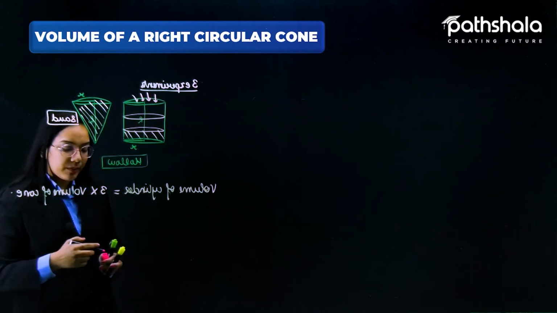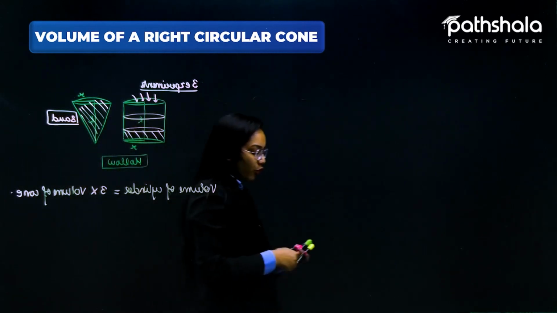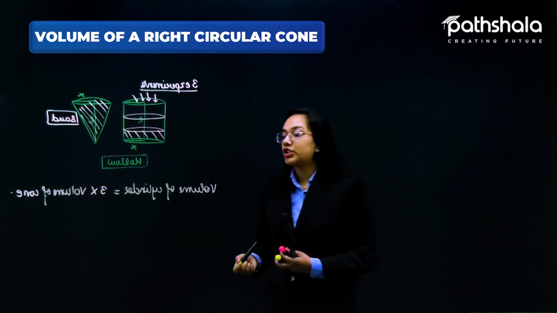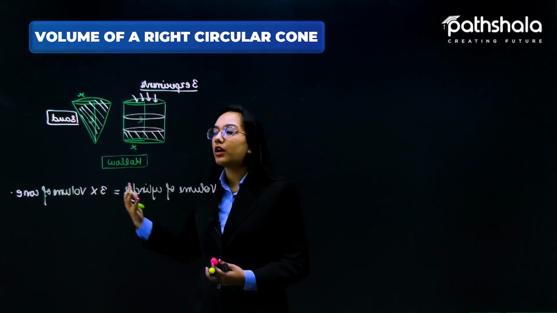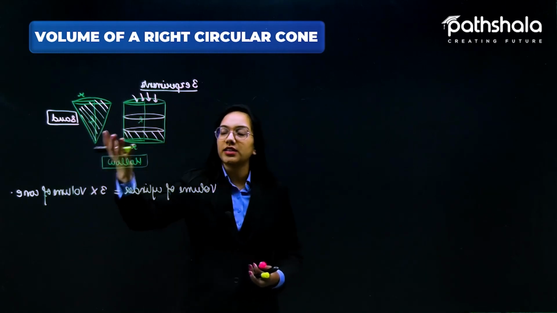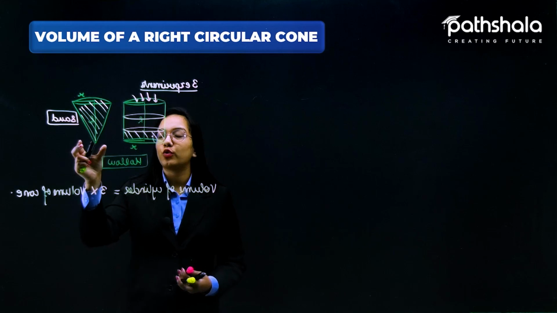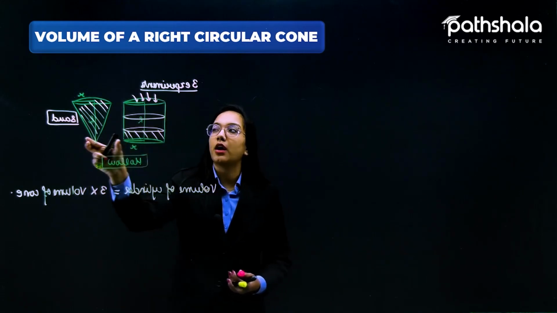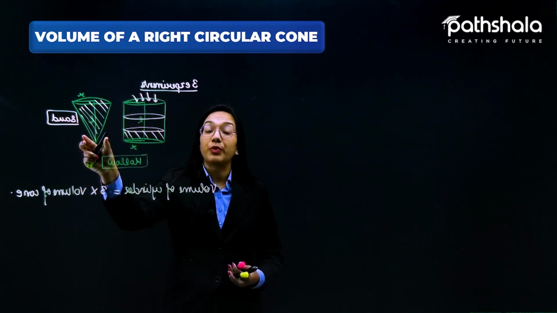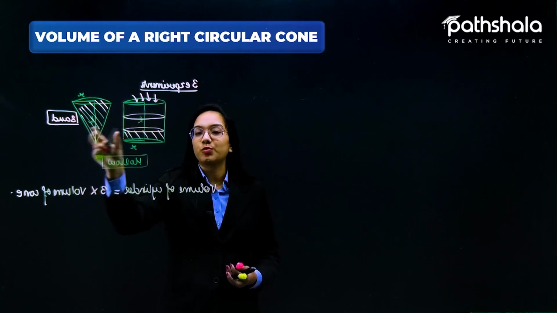So from this experiment, we can conclude that the volume of the cylinder is 3 times that of the cone, because we have to fill the cylinder 3 times with the sand from the cone.